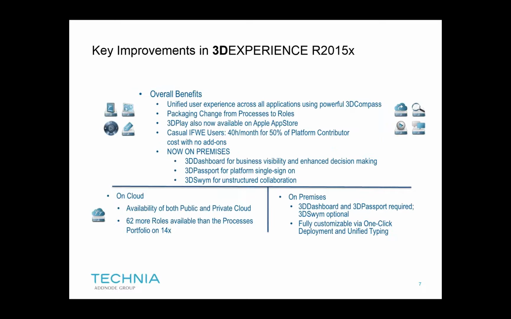It is fully modular, so you can start by upgrading your Enovia, and once that is done and perhaps deployed, you can choose to deploy other components of the platform, like the dashboards and SWIM. And once you do that, then you'll have to introduce also the 3D Passport to keep all these contexts in sync. So for an existing Enovia customer, it's another Enovia upgrade to get access to the Enovia functionality in 15X. So again, you can take this stepwise.